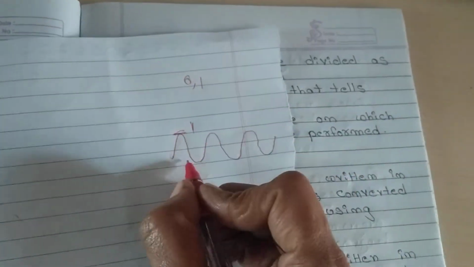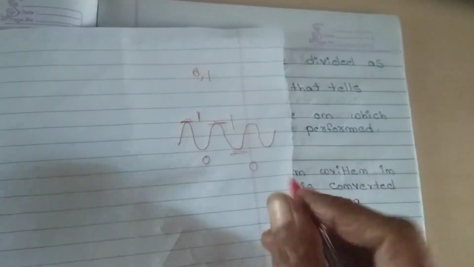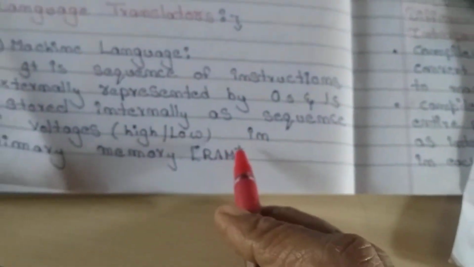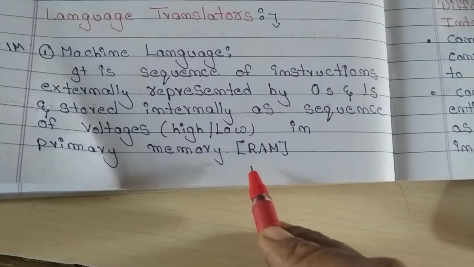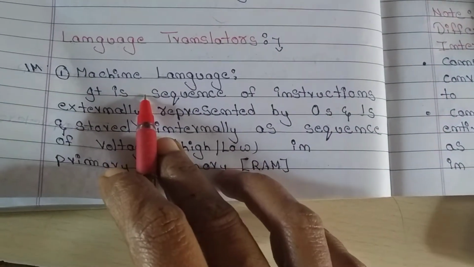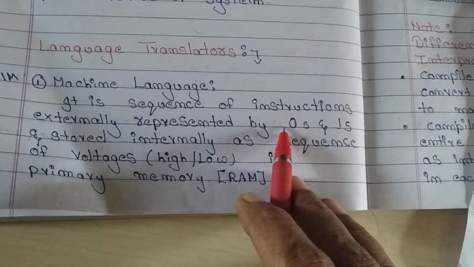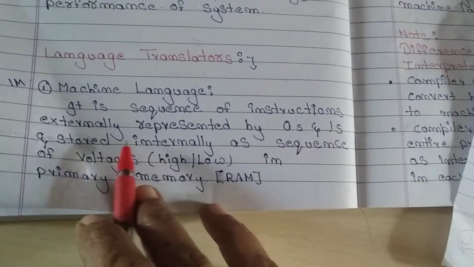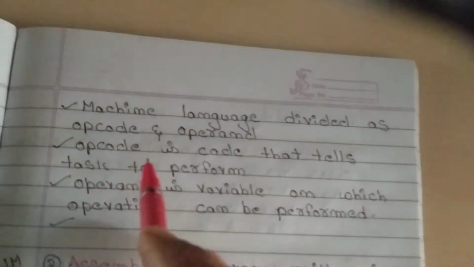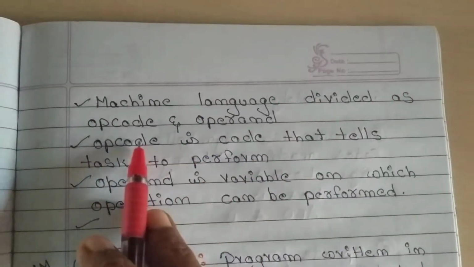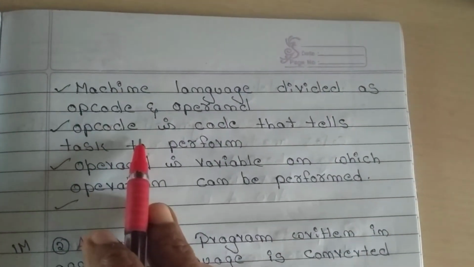High means 1, low means 0. Data is stored in the form of voltages inside the computer in the random access memory. Machine language is a sequence of instructions represented in the form of zeros and ones and stored internally with the help of voltages. Machine language consists of opcode and operand. Opcode means instructions.